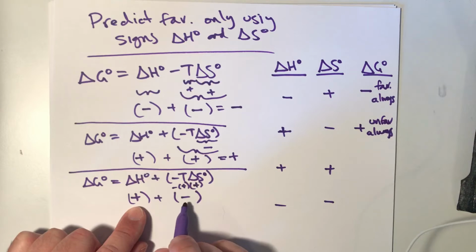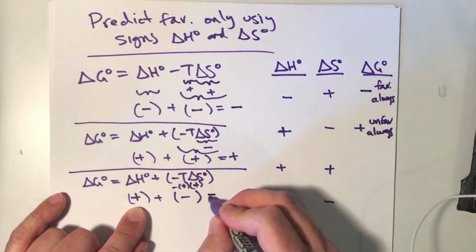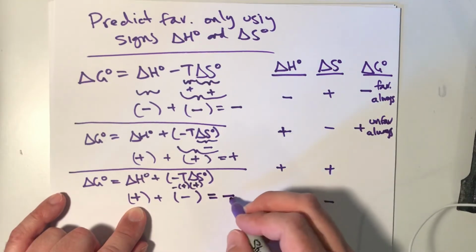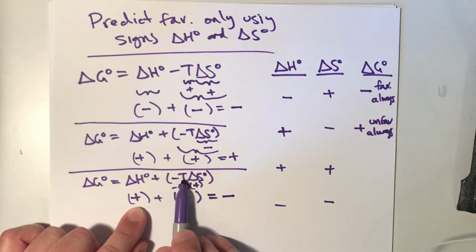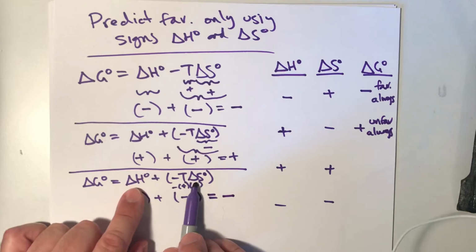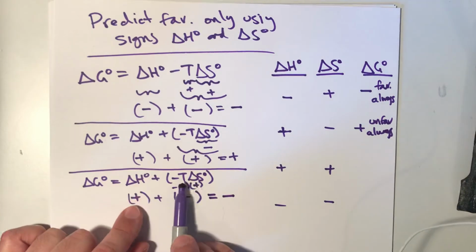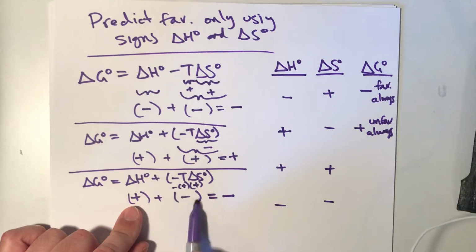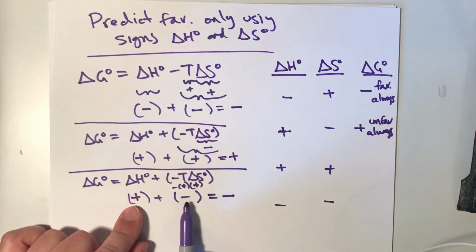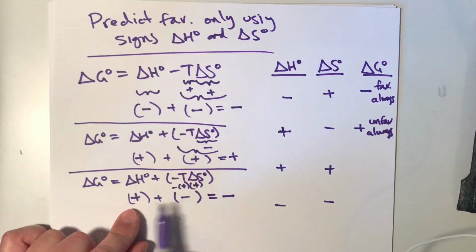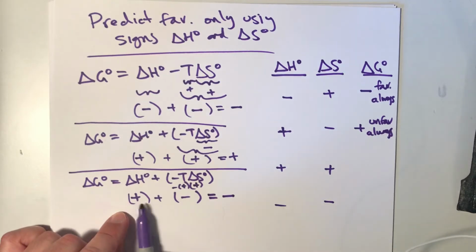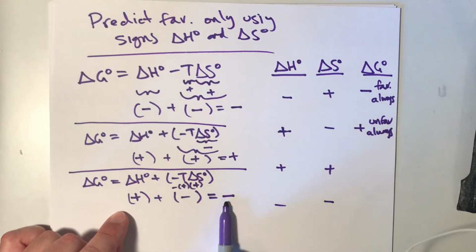The way that you make this favorable, in other words, if you want the delta G to come out negative, is to make the temperature as high as you can. That's the only thing you can adjust here, because the delta H and the delta S are determined by the reaction. Those don't change. But as the experimenter, you could raise the temperature, and that would make this negative term bigger and bigger. At some point, the absolute value of the negative term would be larger than the positive term, and then when you added the two together, you would get a negative number.